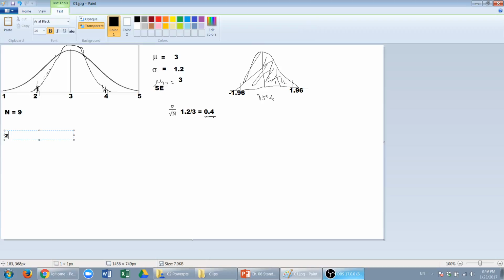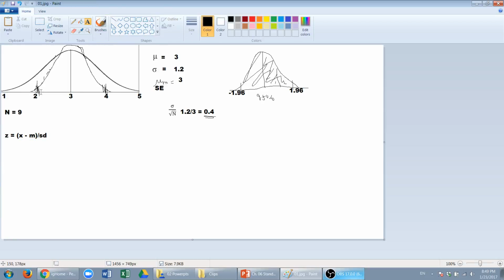Z equals x, the raw score, minus the mean, divided by the standard deviation. For this distribution, we know the z-score already. All we need to do is convert the z-score to a raw score.